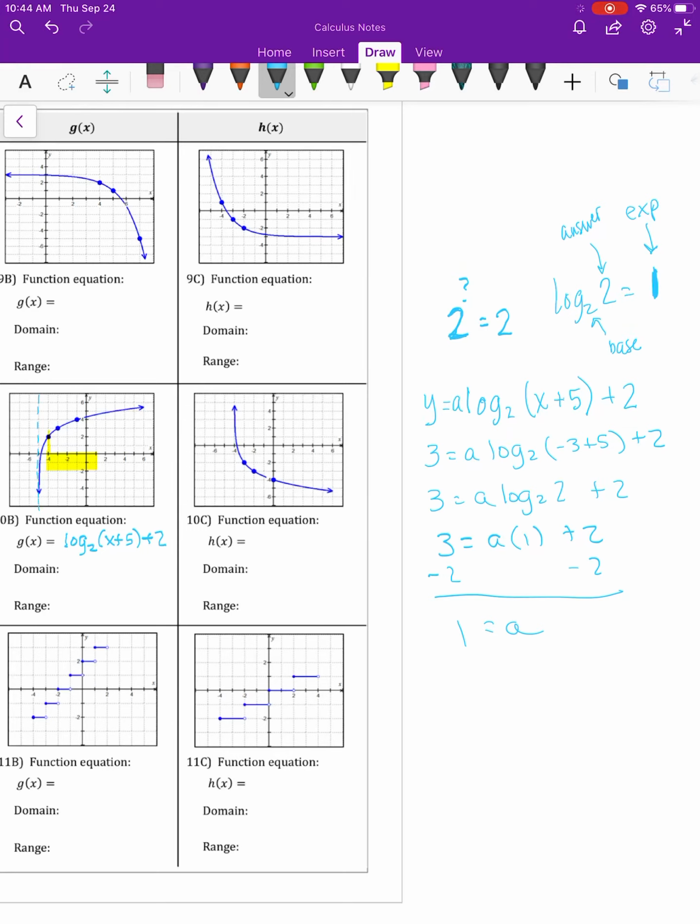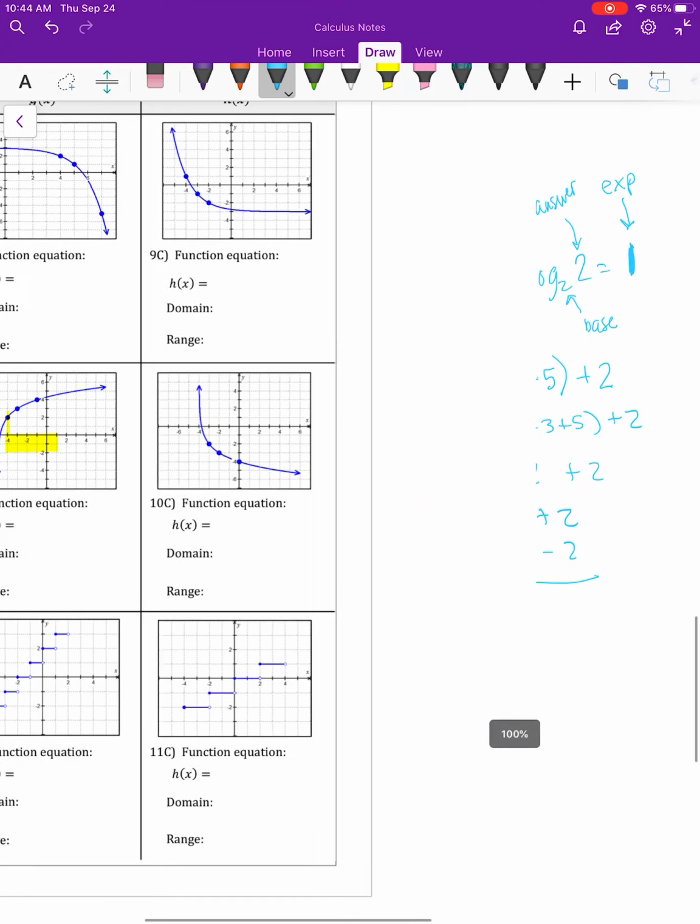You can also algebraically take the argument x plus 5 and say that has to be greater than 0, so x has to be greater than -5. You can't ever equal -5 because you can't take a logarithm of 0. So the domain is a parenthesis, -5 to infinity. And your range is everything, -infinity to +infinity. You can see that all the y values are being used. So that is your 10b.